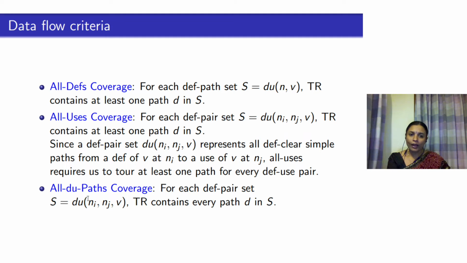All DU paths coverage says for each def pair set du(ni, nj, v), TR contains every path d in the set S.